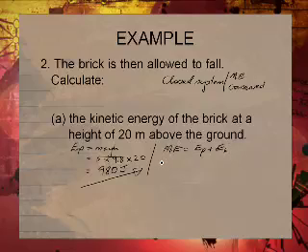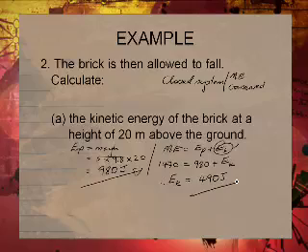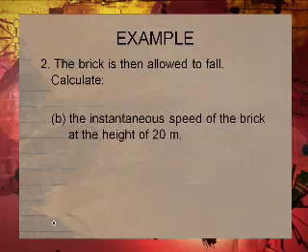Now the mechanical energy we found to be 1,470. That will be equal to EP at 20 meters above the ground, which is 980, plus EK. The question wants us to find out what EK is at that point. Therefore, EK equals 490 joules of energy.